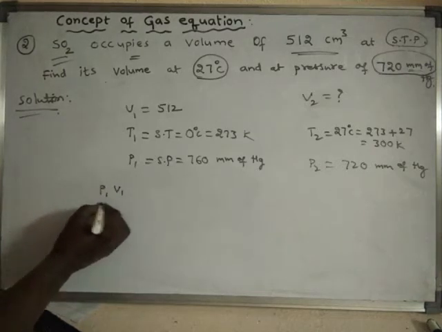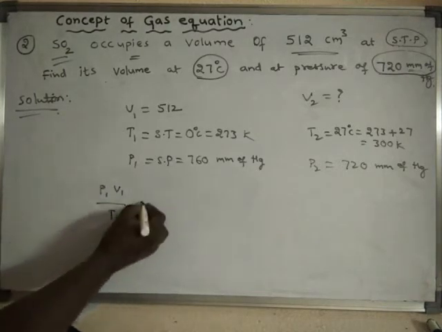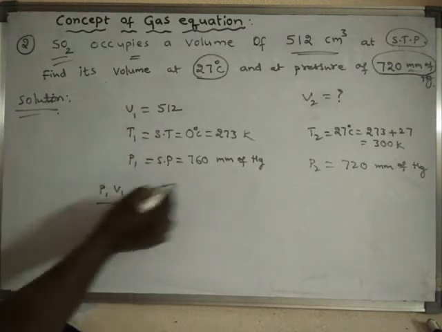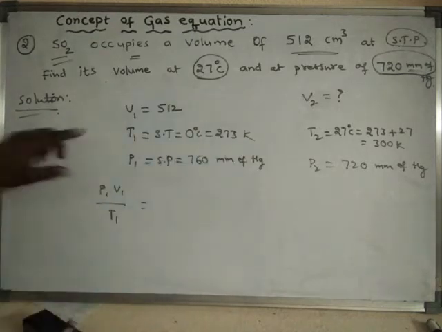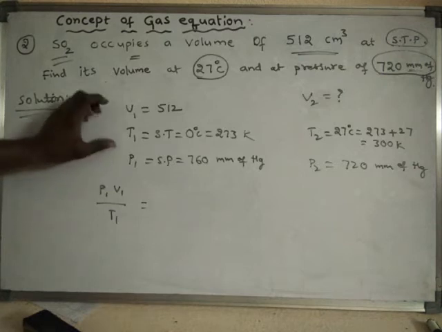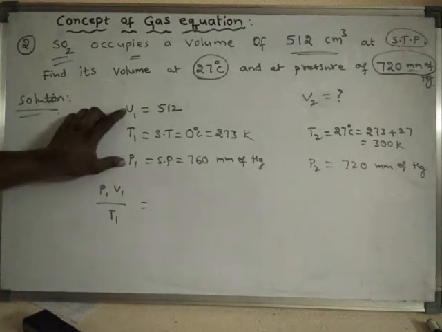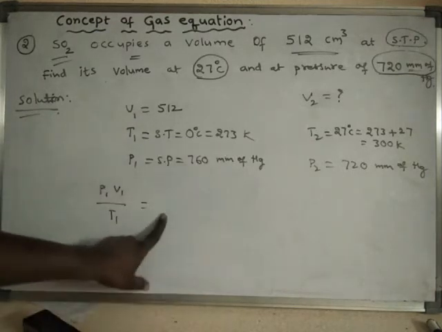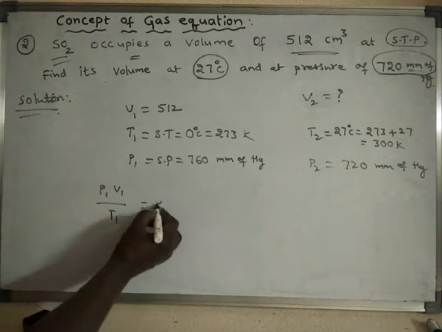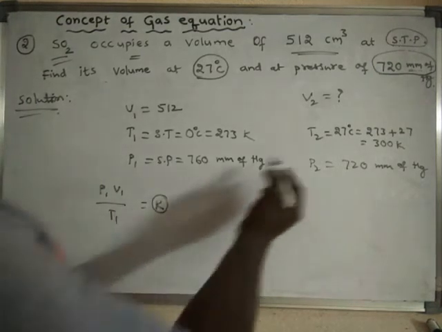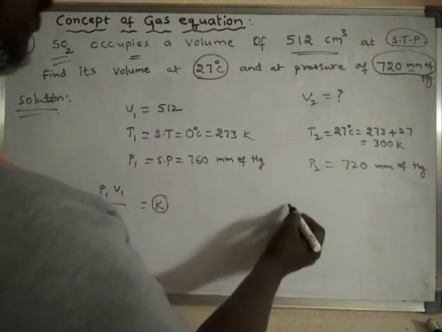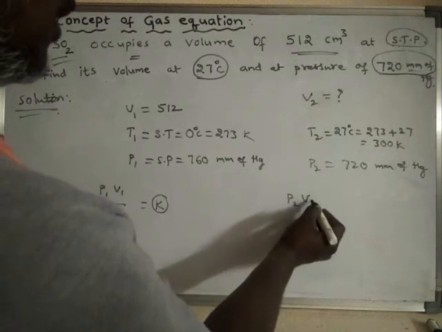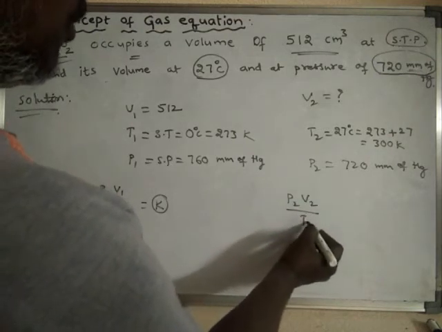P1 V1 by T1, always, because the initial conditions. Here the product of pressure and volume divided by temperature gives some constant value. The same constant value you will get even with the changed pressure and changed volume divided by temperature.